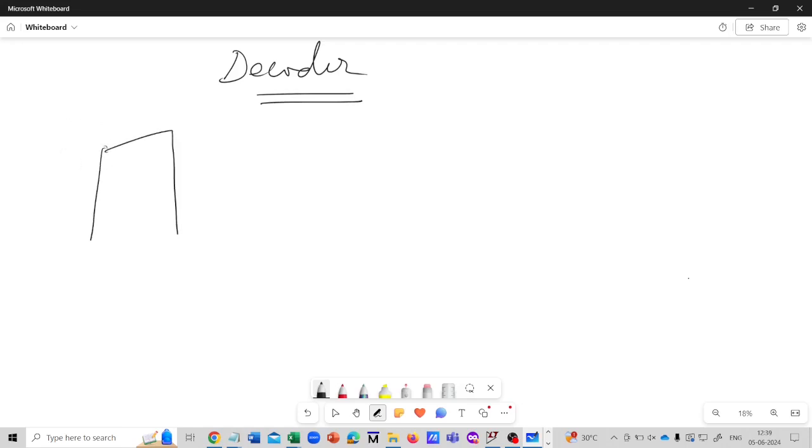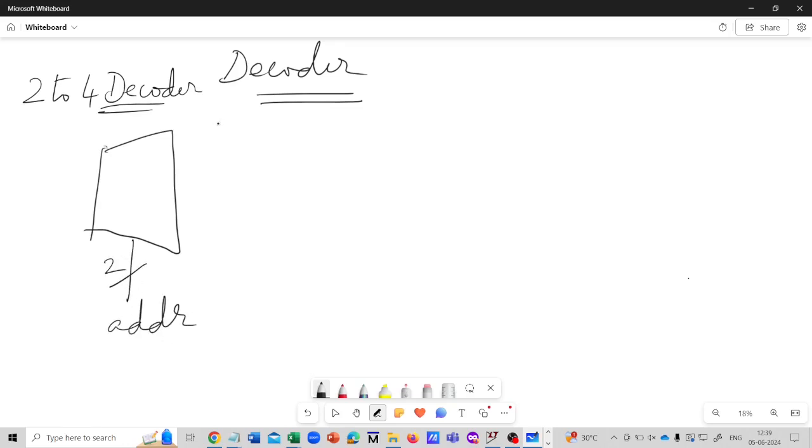Coming to the block diagram, we will take up a 2 to 4 decoder. So the 2 to 4 decoder will have a 2-bit address, as the name implies, and 4 output lines, say y of 0, y of 1, y of 2, and y of 3.